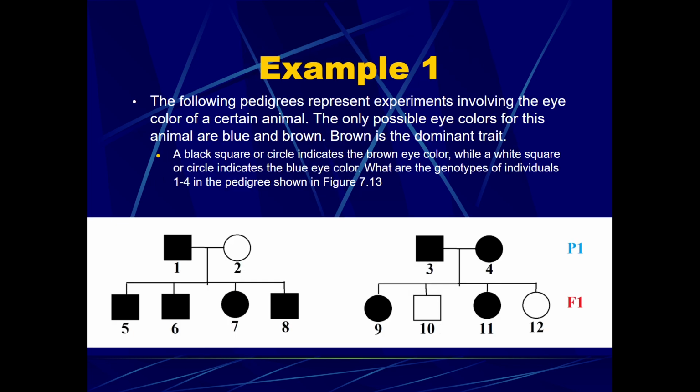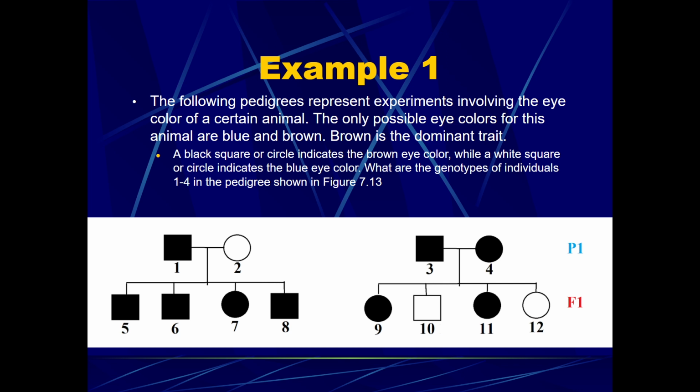So here are some example pedigrees. The following pedigrees represent experiments involving the eye color of a certain animal. The only possible eye colors for this animal are blue and brown. Brown is the dominant trait. So if brown is the dominant trait, and the other option is blue, that makes blue the recessive trait. It says a black square or circle indicates the brown eye color.